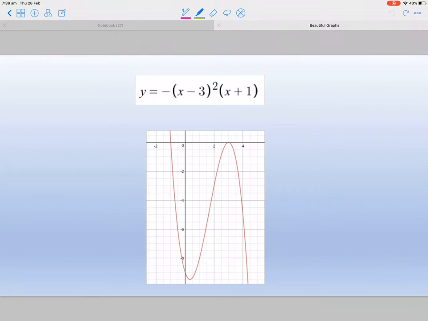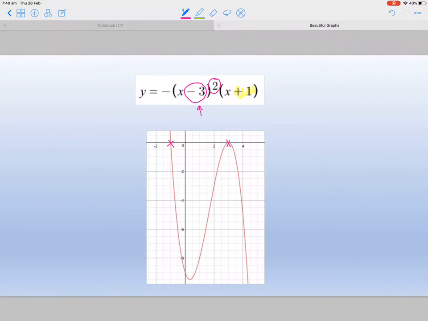Now, I want to look at the roots because I've got this for a reason. Let's look at this one first. I expect there to be a root at -1. And it just so happens that there is. That's -1 there, and there is a root there. Now notice this. I put this in for a reason. See how we expect there to be a double root at +3, which is the opposite of -3. And there's one there, okay?